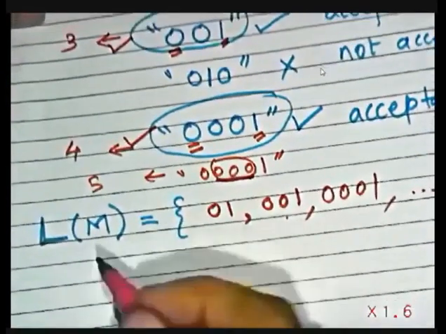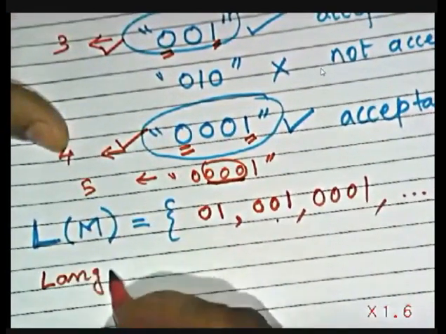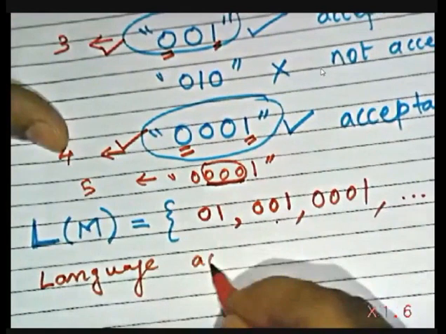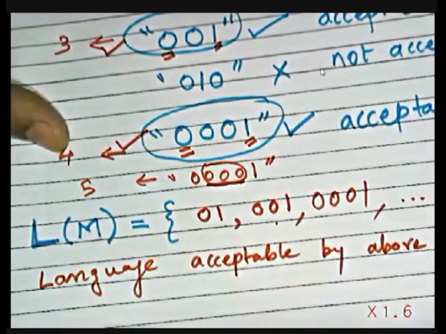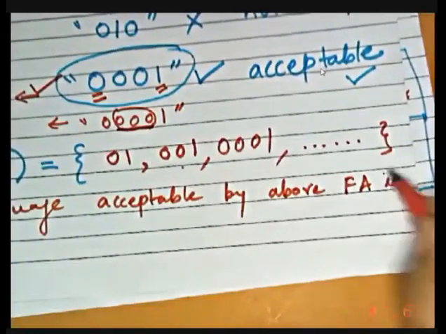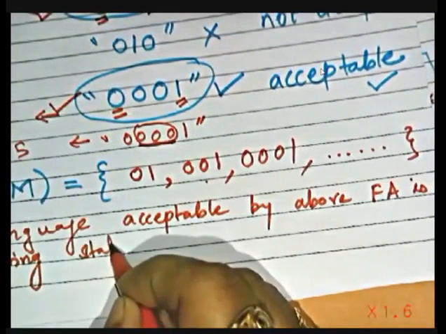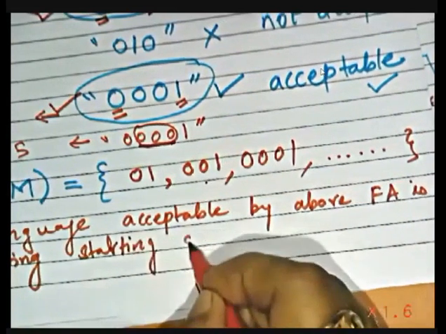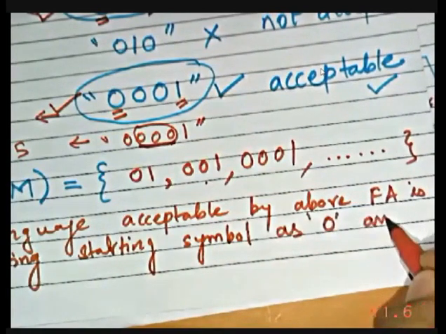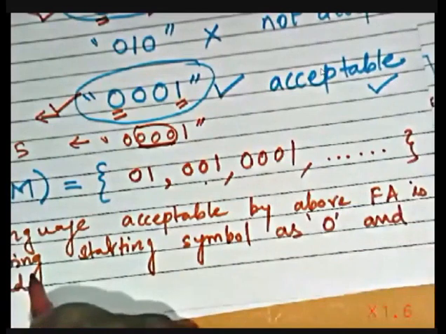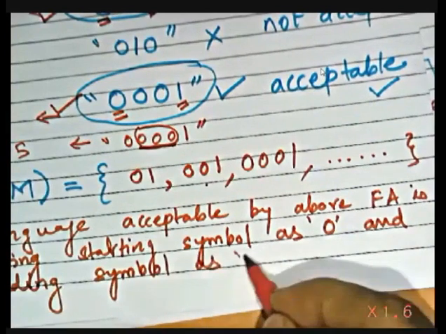So I can say that the language acceptable by the above FA is having starting symbol as 0 and ending symbol as 1.